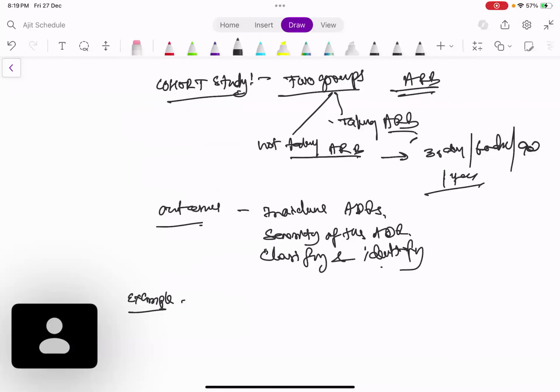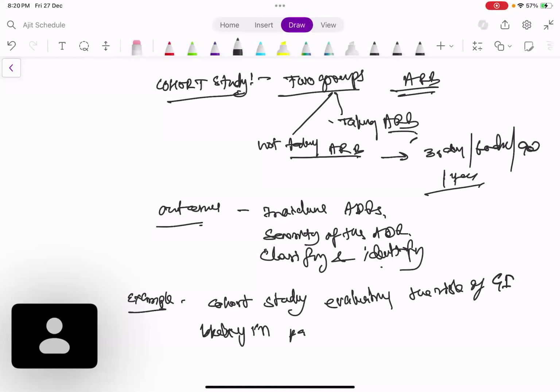Another example is a cohort study evaluating the risk of GI bleeding in patients on high dose versus low dose NSAIDs. Simple types of studies you can do.